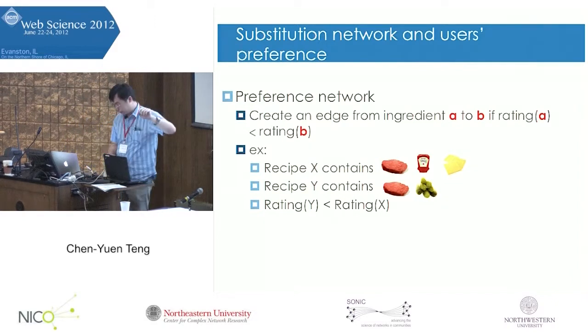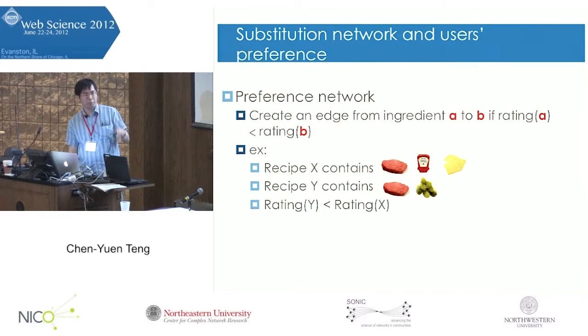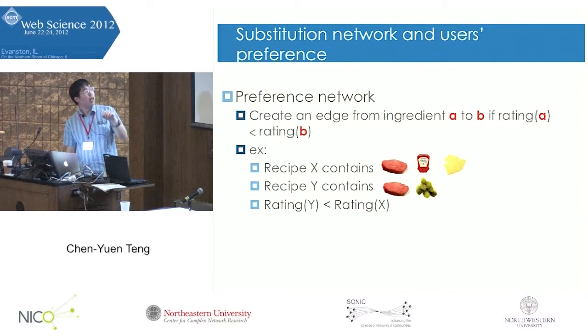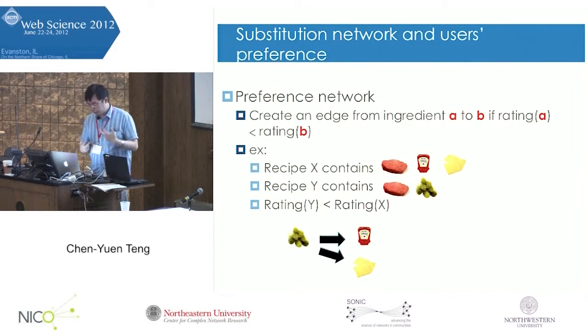Say we have two recipes. The first one, recipe X, has beef, ketchup, and cheese. The second one, recipe Y, contains beef and pickles. And we know the rating of Y is less than the rating of X. Then we can create two edges, one from pickles to ketchup and one from pickles to cheese, which means the rating of pickles is less than the other two.